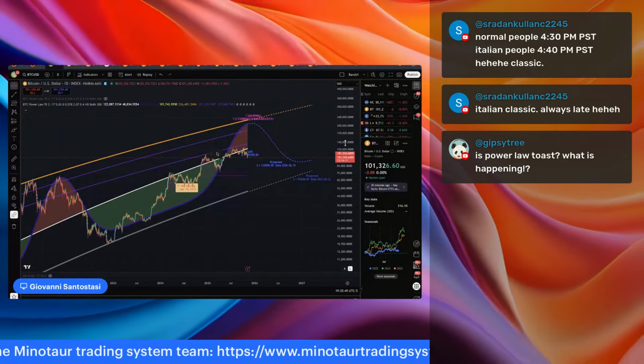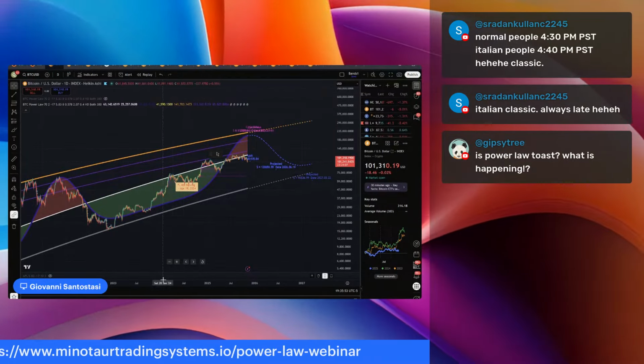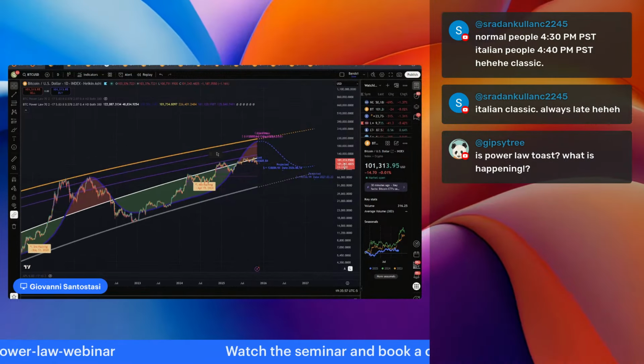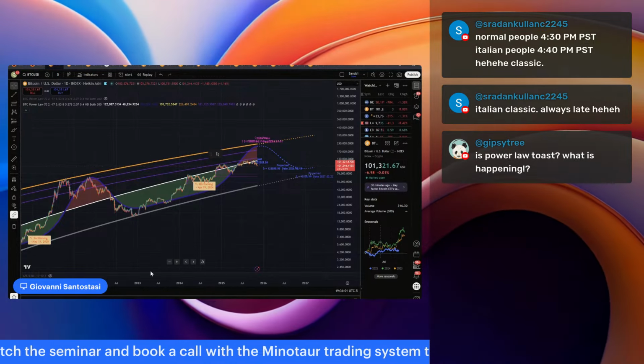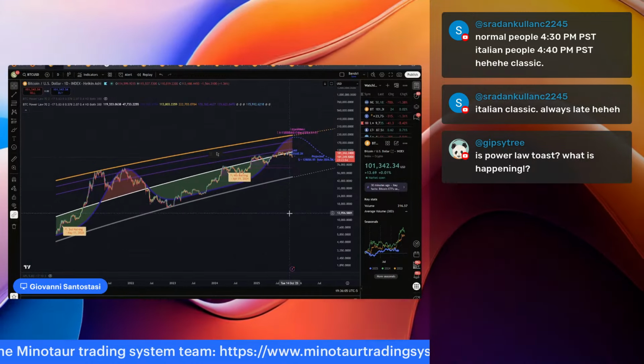It's the one that shows, let me see if I can zoom out because it's good to zoom out with these things. They're showing the main power law, that is basically the white curve.